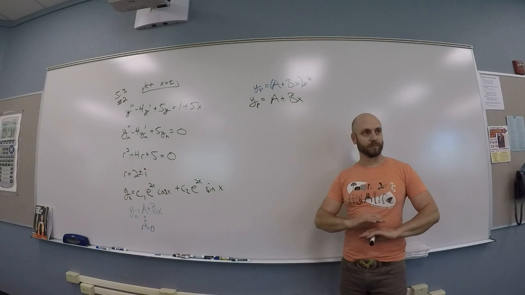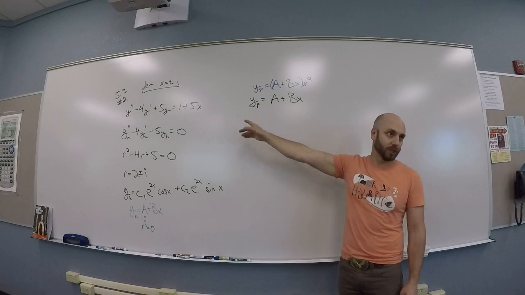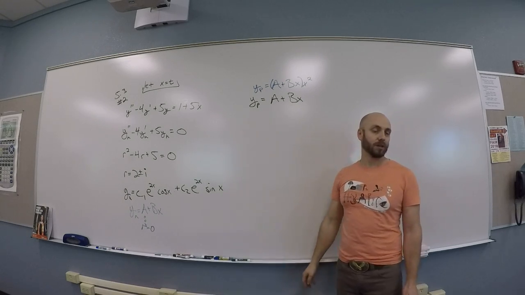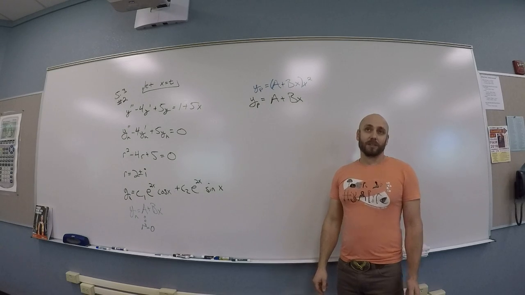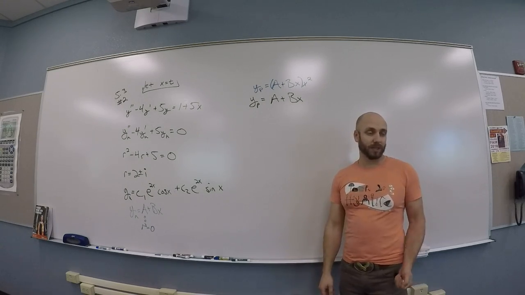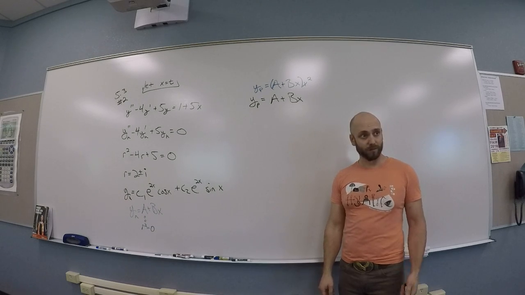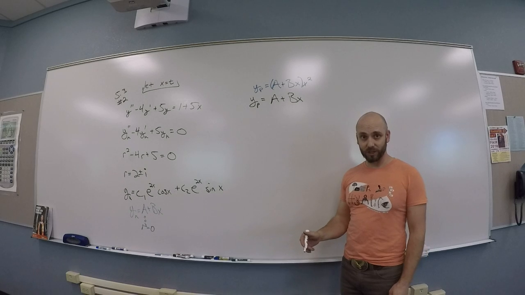Yeah, you definitely won't have complex forcing terms in this course. I'm not aware of an obvious application of that. My guess is that it's pretty unusual. So, let's finish this off.